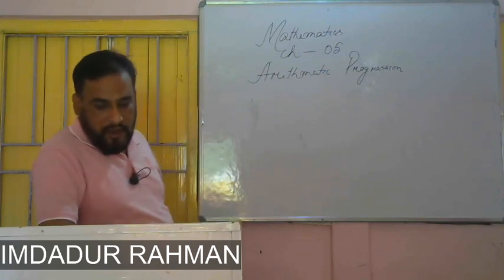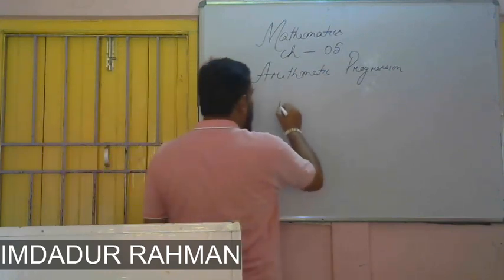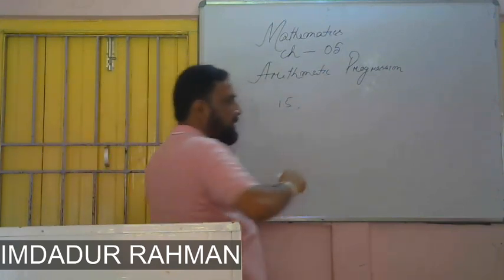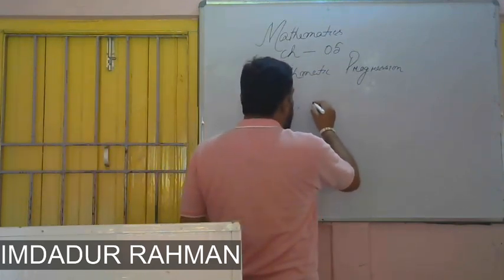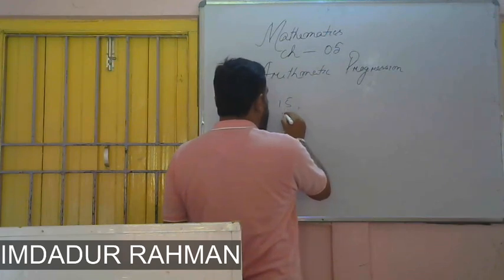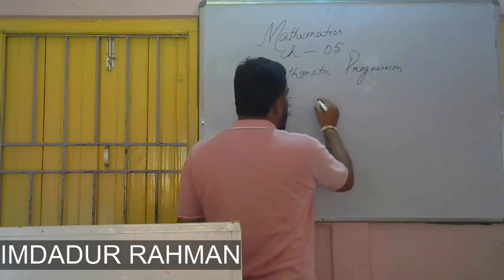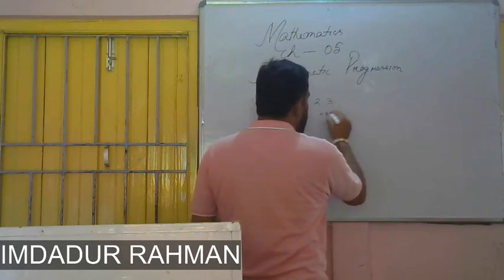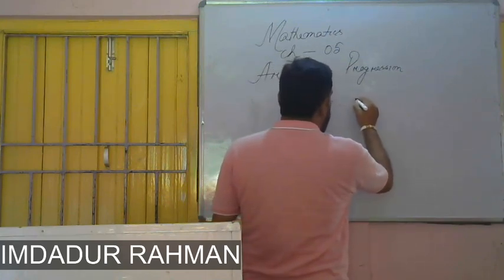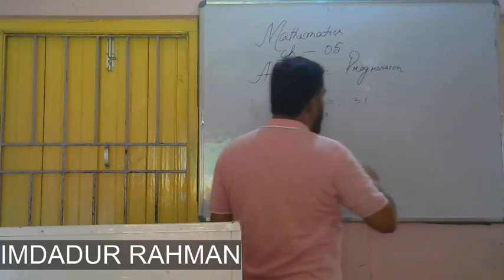So for the first kilometer rupees 15, and for each additional kilometer 8. So 15 plus 8, how much? 23. Like this, then plus 8, what will be? 31.